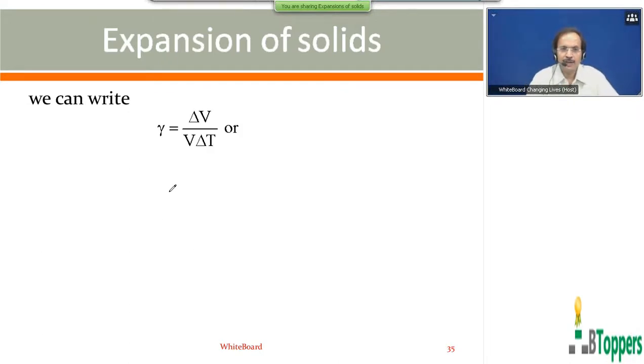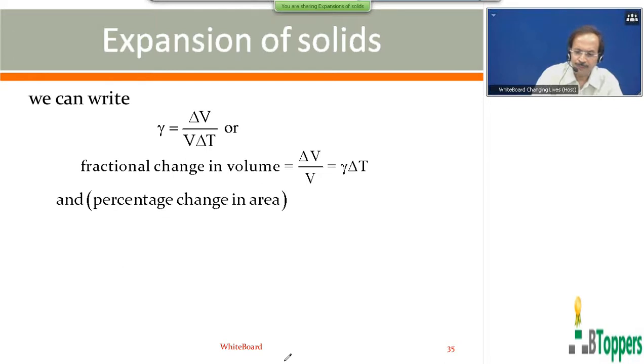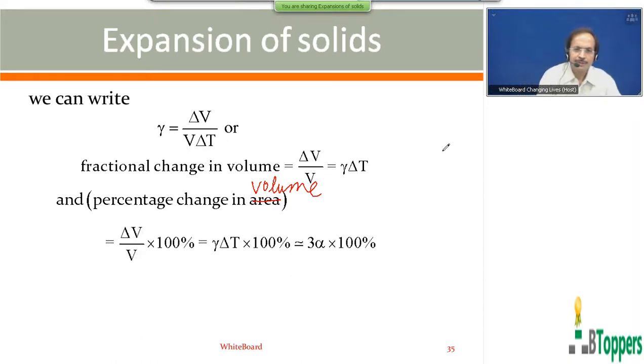So you can write gamma equal to delta V by V into delta T, or fractional change in the volume of the solid, delta V by V, equal to gamma into delta T, or percentage change in the volume. Here it is typed as area. You correct it as volume, which is equal to delta V by V into 100%.